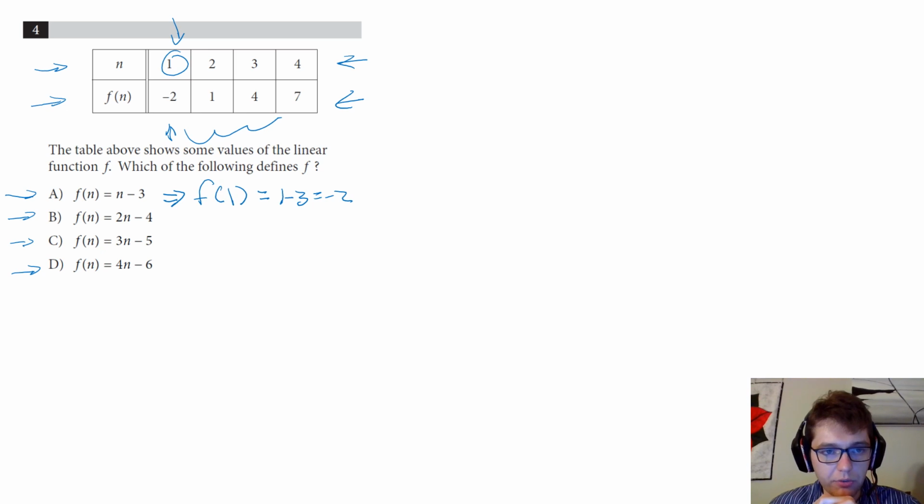Okay, so the first row here checks out for A. Then you have f of 2, the second one, is equal to 2 minus 3. That would be equal to negative 1. Okay, it's supposed to be 1, so that does not check out. So A cannot be the correct answer. Now do the same thing with B. F of 1 is equal to, in this case, 2 times 1 minus 4, which is equal to negative 2.